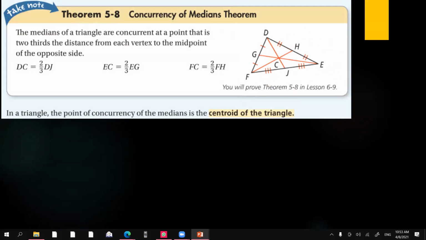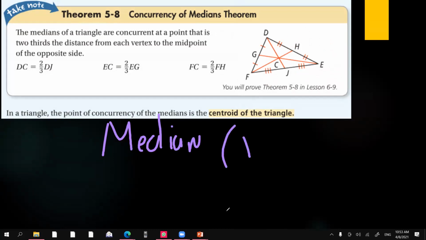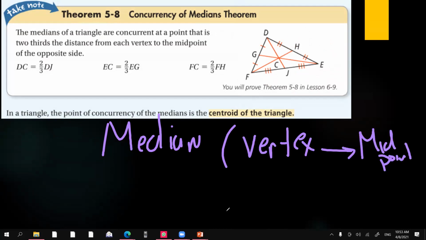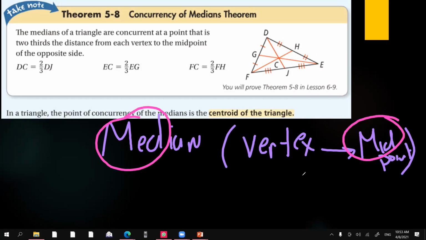A median is a line, miss, starting from the vertex, ending with the midpoint of the opposite side. Okay. Now here, as you see, from its name, median, as I told you. So it's starting from the vertex, ending with the midpoint.